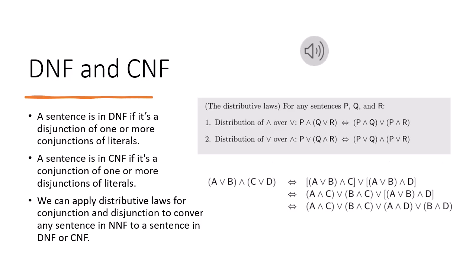We'll distribute first the C, and we get A and C or B and C. That's distributing the C. Then we get an OR, and we leave the A or B and D alone. Finally, in that last line, we distribute the D across, and we get A and D or B and D. Again, inside the parentheses you have conjunctions of literals.